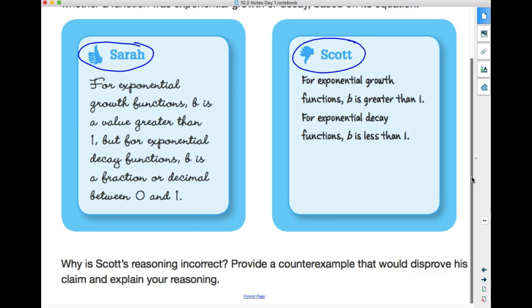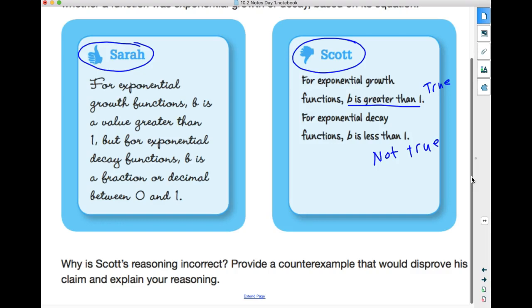And why is Scott's reasoning incorrect? What did he do? Well, he made a small assumption. Okay? It's growth if b is greater than 1. That's true. Okay? But it's exponential decay if b is less than 1. Not true.